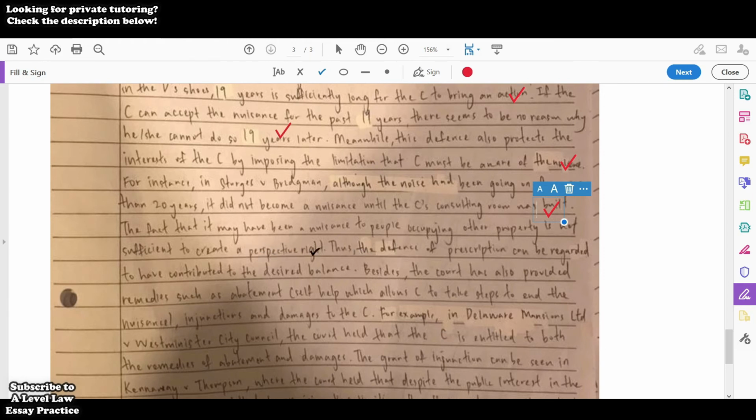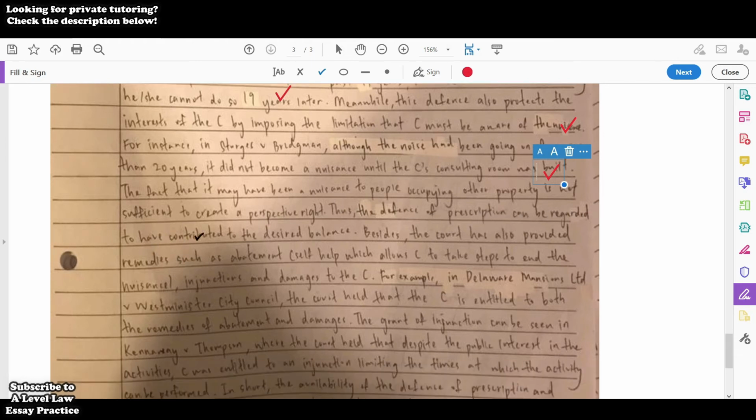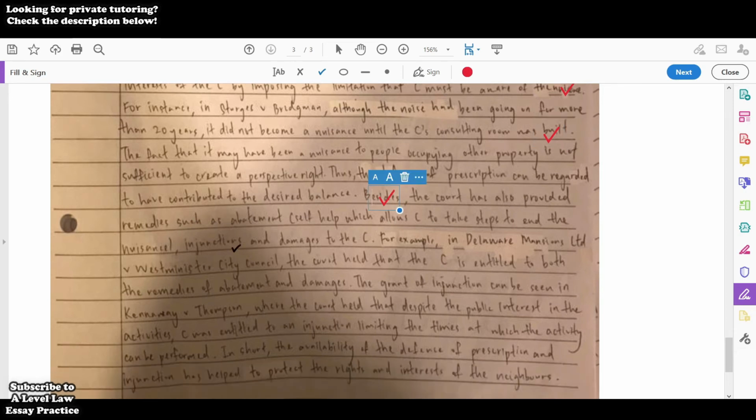I think you have a typo here. Thus, the defense of prescription can be regarded to have contributed to the desired balance. Besides, the court has also provided remedies such as abatement, self-help, which allows the claimant to take steps to end the nuisance. Good.